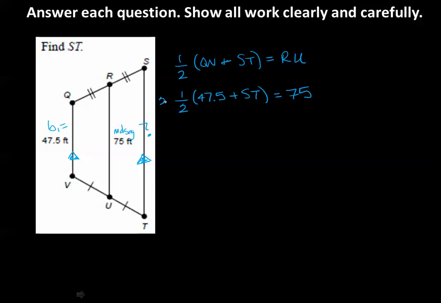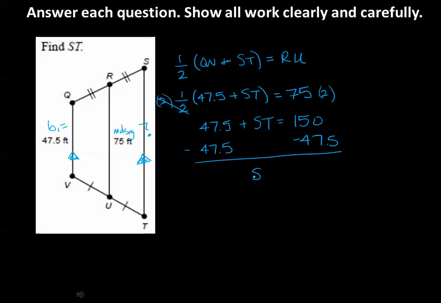Well, just like I did last time, I'm going to multiply both sides by 2, so I've just got rid of that fraction because we do not like fractions. So I'm going to end up with 57.5 plus ST equals 150. Then I subtract 47.5 from both sides. So I have ST equals, and I gotta actually look.